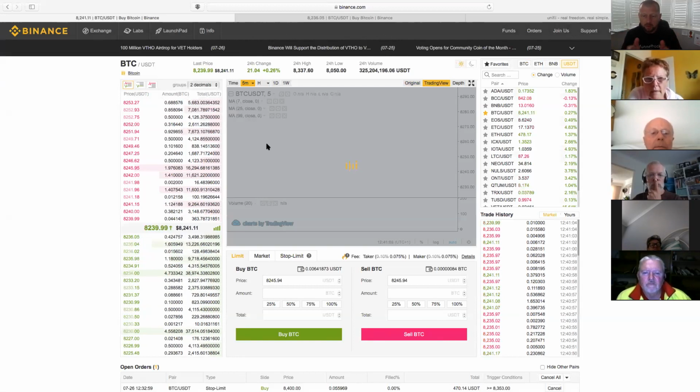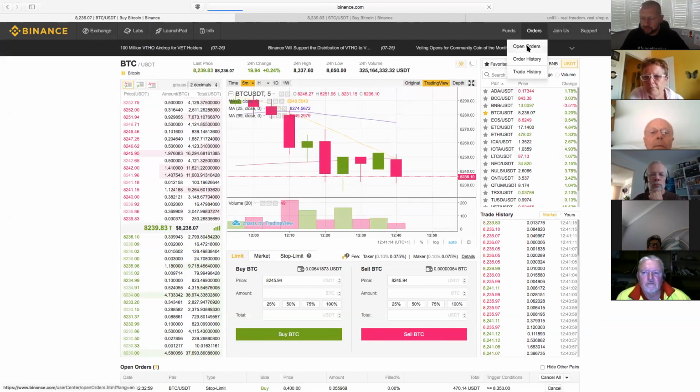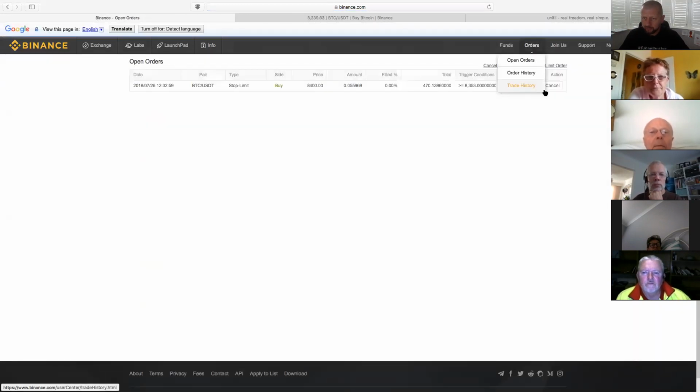So the process that we need to adopt going forward, if we're going to use stop losses, is before we do anything at all, we need to make sure that any orders that are in here are cancelled off. Now, another reason why we need to cancel it off is that this much USDT has almost been ring fenced.